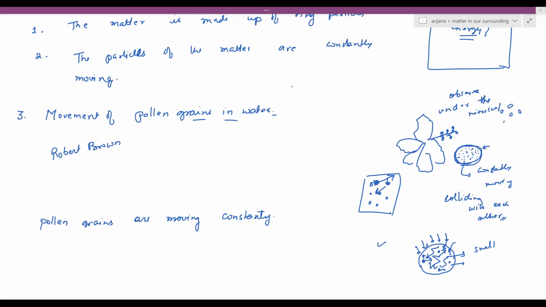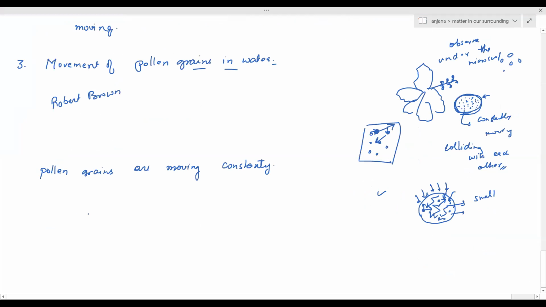Yes, ma'am. Okay. Now write down here about these pollen grains. Raghavi, I am dictating whatever I taught. Then again I'll explain it.